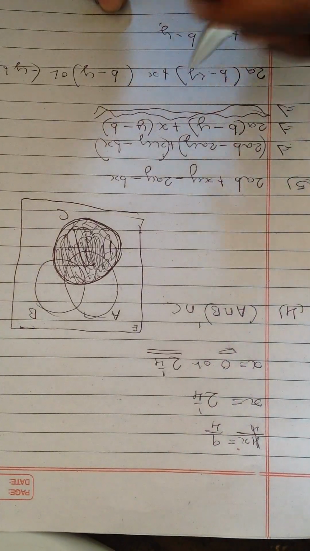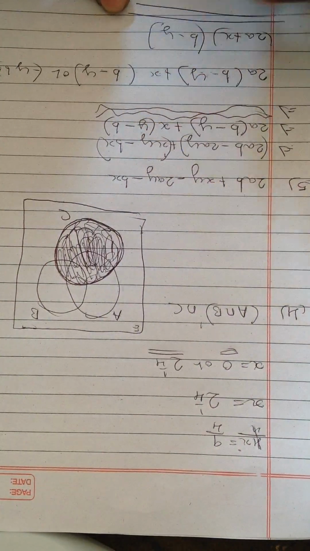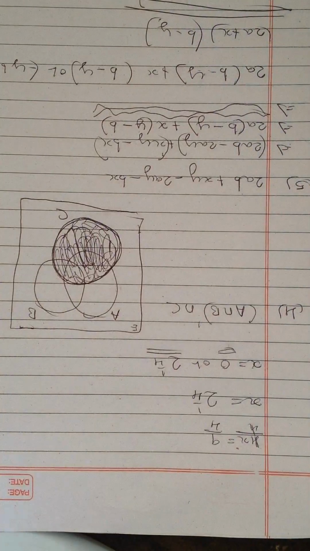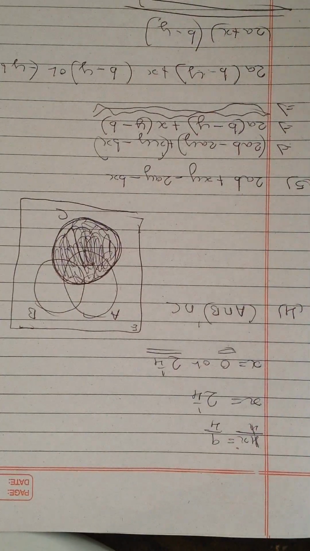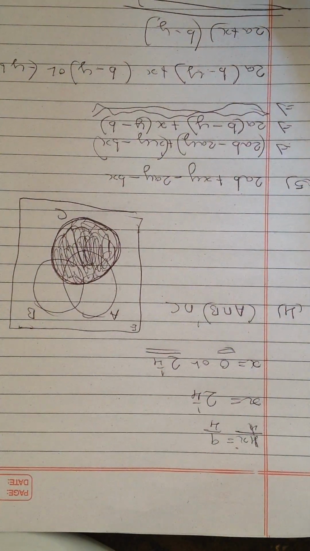That's how it's supposed to come out. So this was supposed to be your final answer, but it's like they made a mistake with the question. The question is not in line with whatever I've been given here. Okay, so we proceed to question 6. We are moving slow but sure.